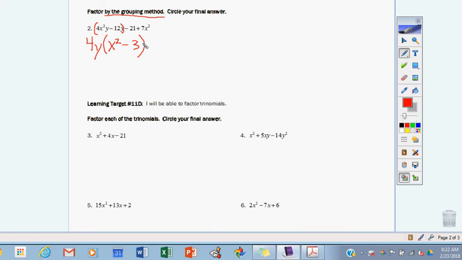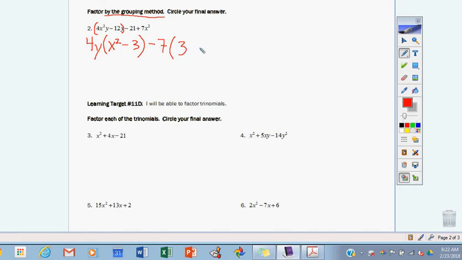Well, I think what might help some of you is realize that we need to get this. Think about that. We need this in the next parenthesis. Well, they both have a 7. So if I take out a negative 7 right now, that would leave me with a 3 because 7 times 3 is 21. And then I know a lot of us are going to want to put a plus on the inside here, right?